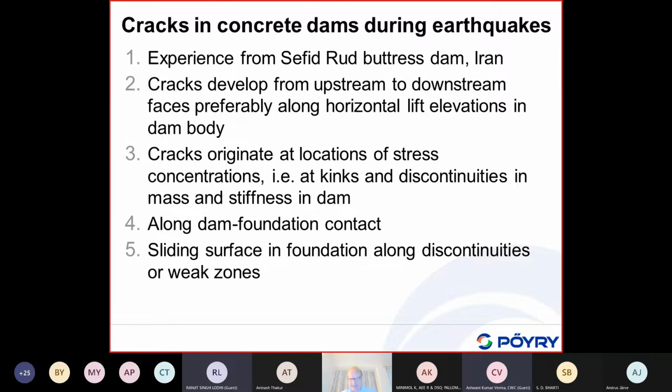If you do drilling and take cores, and you have a thin clay layer, you may not get it in the core, as it may be washed out somehow, and you may find just some discontinuity here. But if it is filled by clay, it will greatly affect the sliding stability.